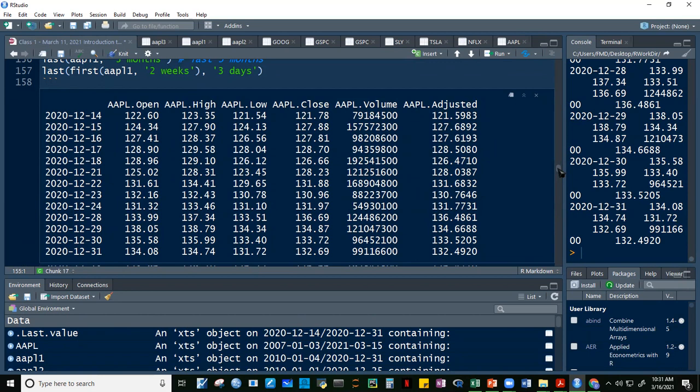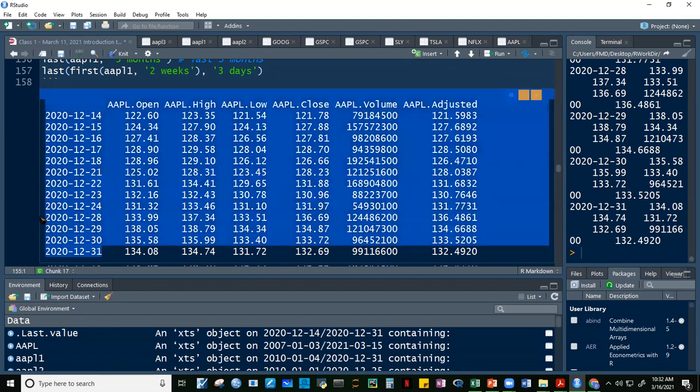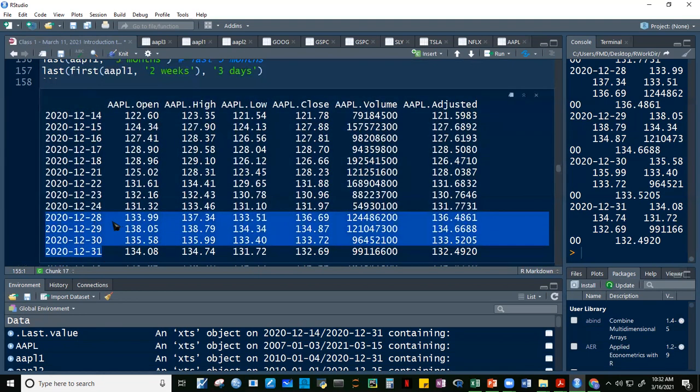It's not 21, guys, kasi yung weeks na yan, weeks of trading yan. So, for example, dito, ito, 1 week to, no? Yung November 28, December 28 hanggang 31. That's this week, itong week na yan.